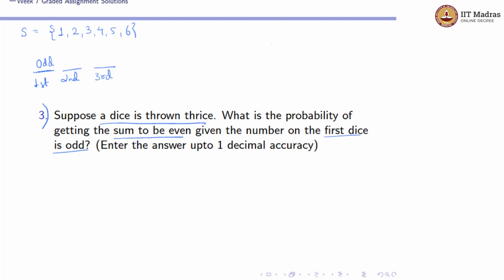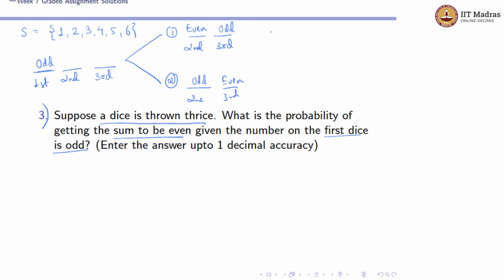So the sum can be even only in 2 cases. The first is if on the second throw the number appears to be even, and on the third throw the number appears to be odd. The second is if the number on the second throw is odd and the number on the third throw is even.